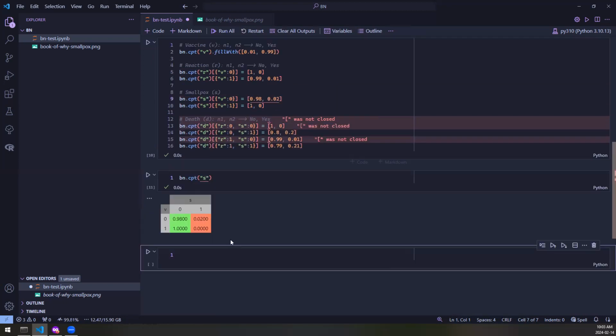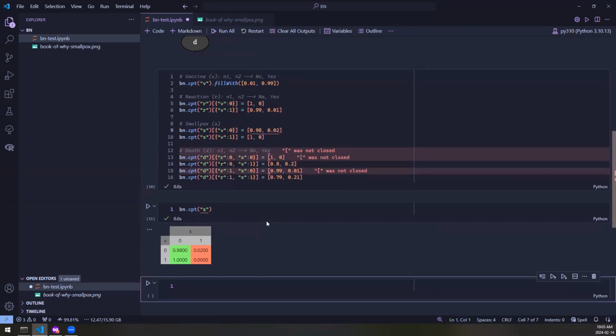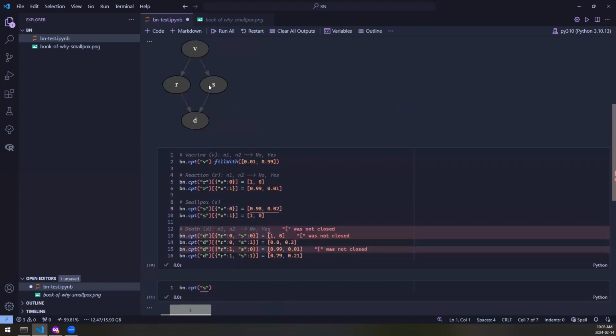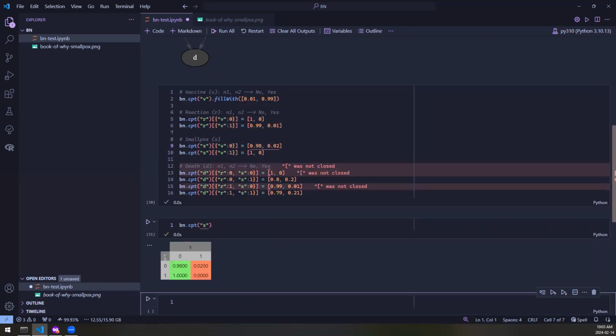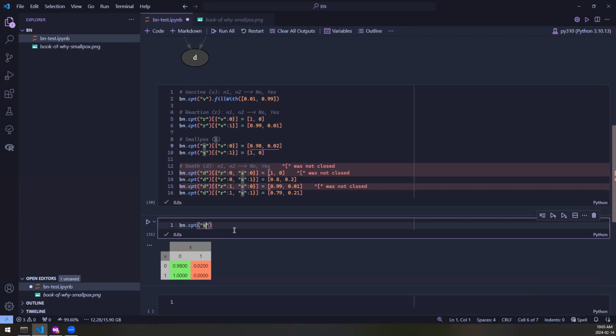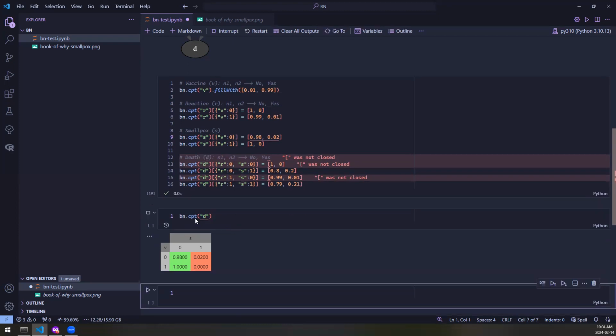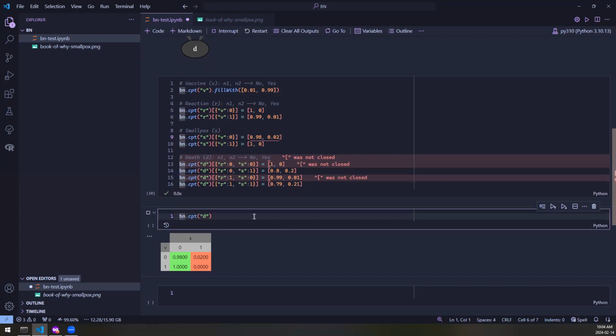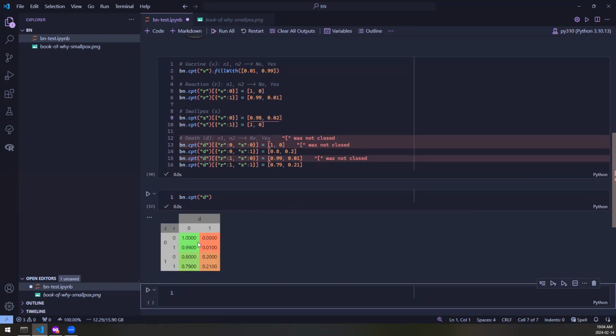So look at this table, and we can come back to our graph for smallpox. We know smallpox is child of vaccine, right? So that's why we have the first column over here, the vaccine. So vaccine false true, smallpox false true. Both are binary variables, and the numbers we just inserted. Okay, and we can take a look, of course, at other variables as well, like the variable d, for example. So how does it look like? So let's run it. So there we go.